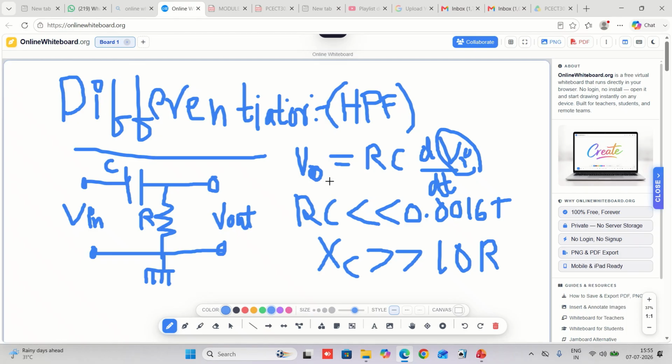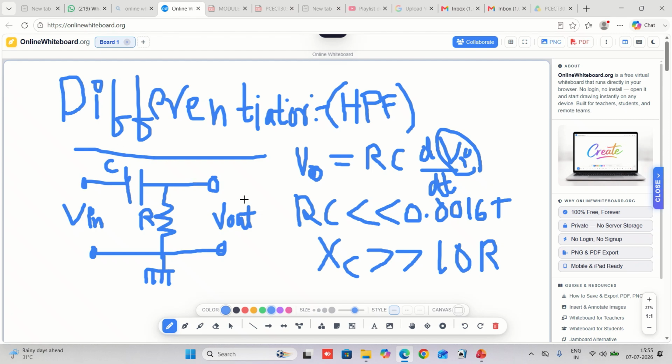That is the first condition to be satisfied, and the RC time constant should be very much less than 0.0016 T, where T is the time period of the input signal. The reactance Xc of the capacitor should be very much greater than 10 times the resistance in the circuit.